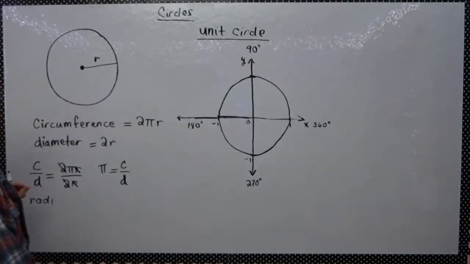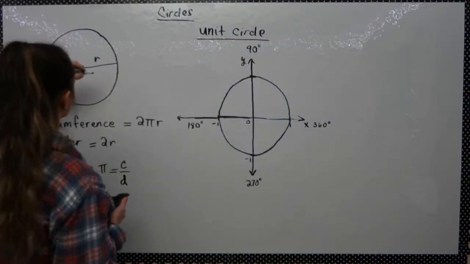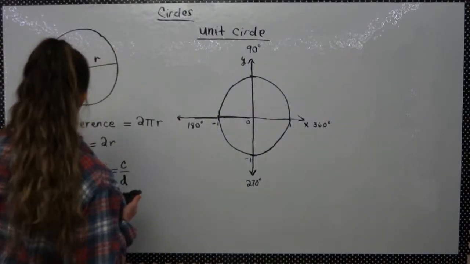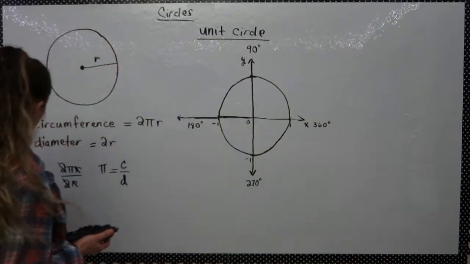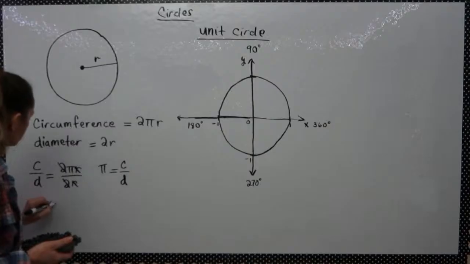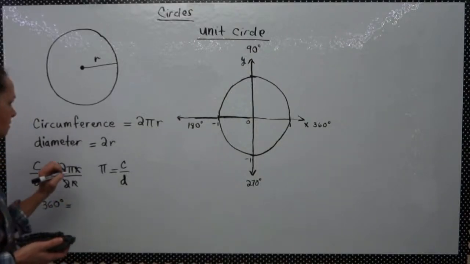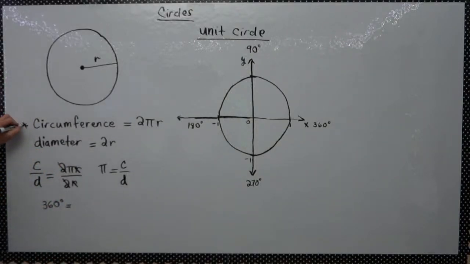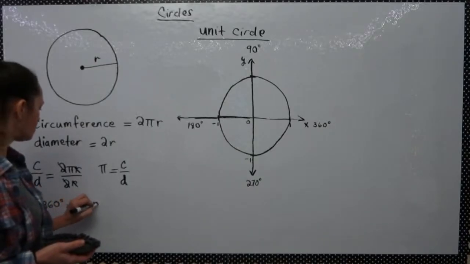So let's see, how am I going to do this? Radian measure. So if you have 360 degrees in a circle, and the circumference right here is 2 pi r.